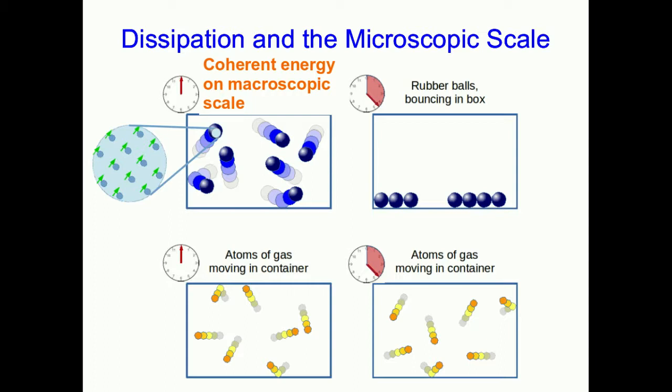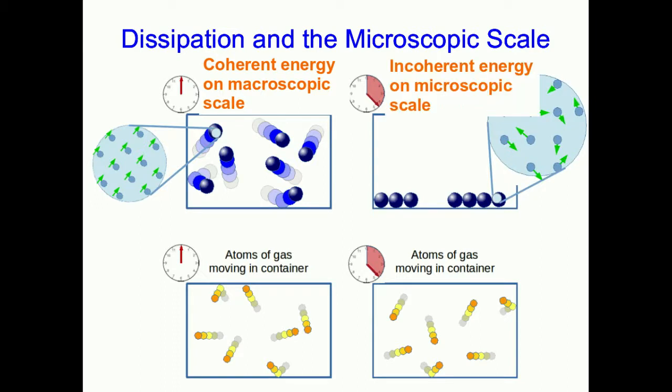But later on, that coherent energy on the macroscopic scale gets turned into incoherent energy on the microscopic scale in the form of all the atoms jiggling around randomly inside the balls. This is thermal energy. And so it's this transformation of coherent macroscopic scale motion into incoherent microscopic scale motion, which is really what we mean by dissipation.